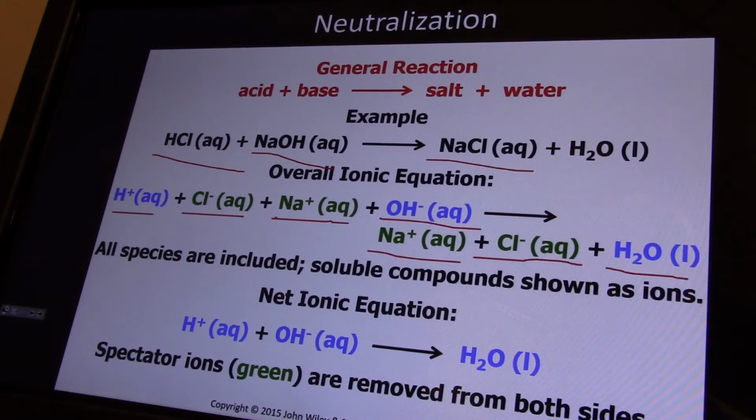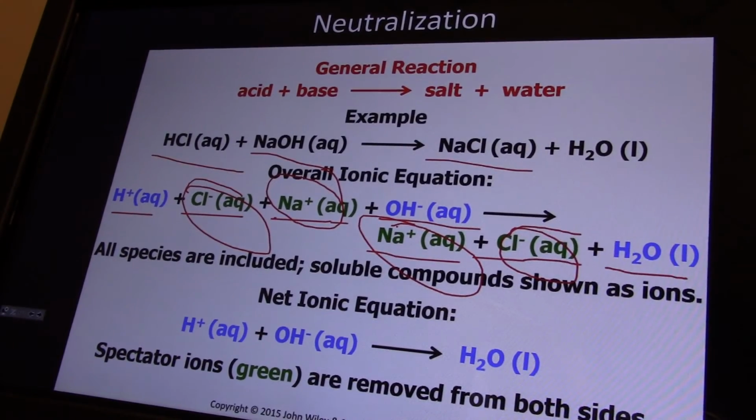And then to get a net ionic equation, we cancel out the spectator ions. Anything that you find on both sides of the arrow, like this Cl- is on both sides just hanging out, and this sodium is on both sides just hanging out, we cancel them out. They're called spectator ions because they're not doing anything, they're just watching what's happening. What really happened was H+ combined with OH- to form water.